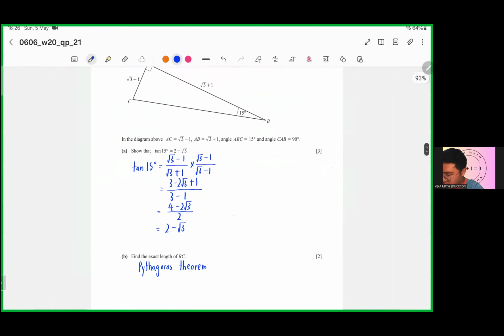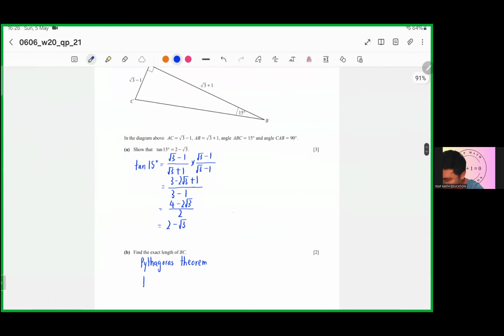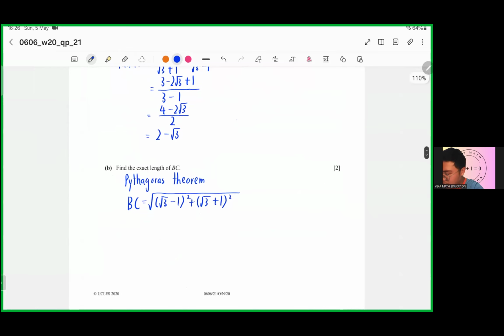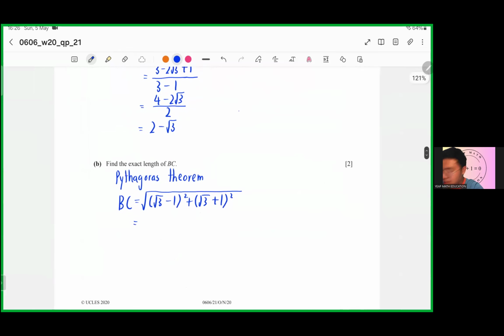So BC equals, we can write square root, bracket, root 3 minus 1 squared plus root 3 plus 1 squared. Now we do it step by step.